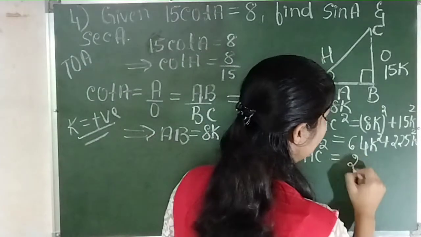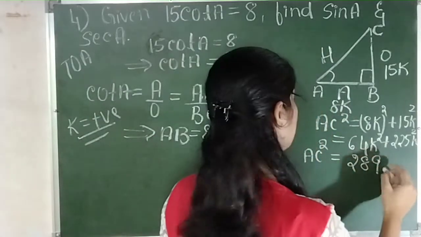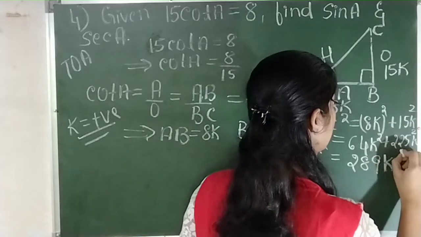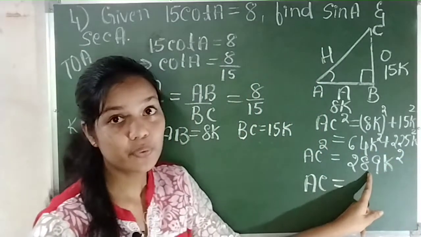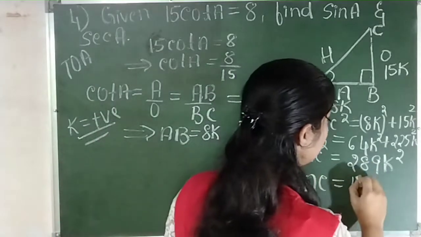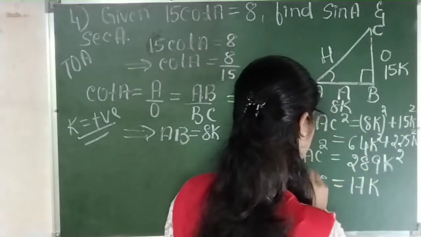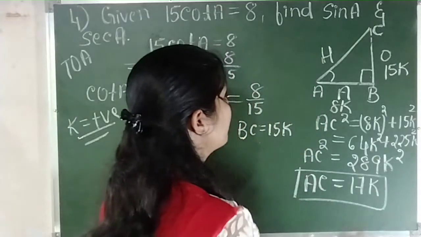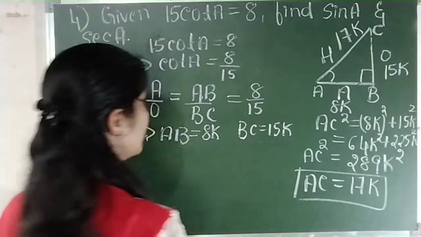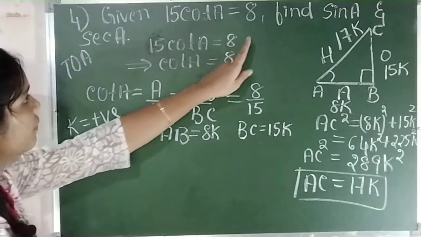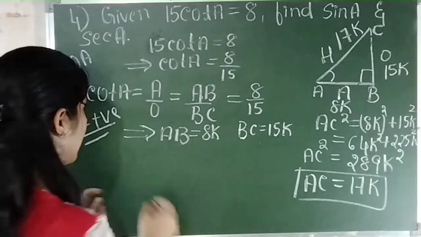That is 289K square. AC is equal to square root of 289K square, that is 17K. So the value of AC is 17K.